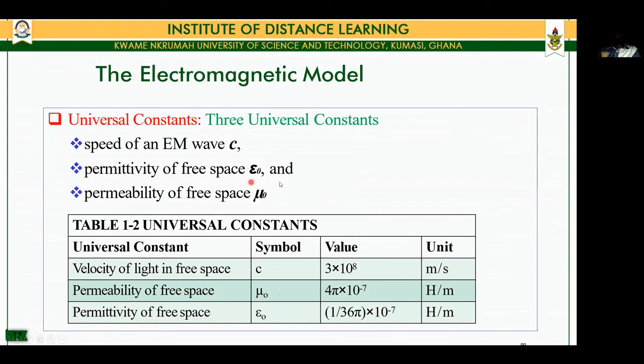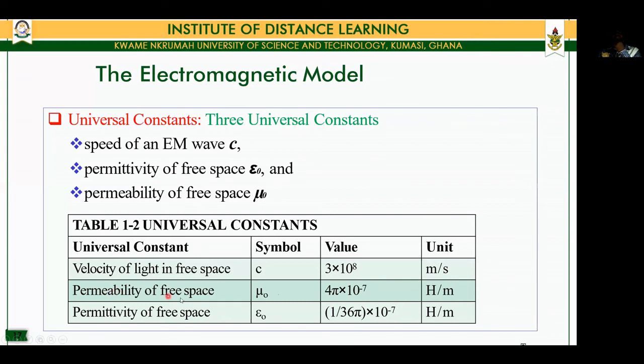And then permittivity of free space is another universal quantity, epsilon naught. And the permeability of free space, mu naught. Epsilon naught relates the electric flux density to the electric field intensity. Mu naught relates the magnetic flux density to the magnetic field intensity. And these are their values. The velocity of light in free space, or the velocity of electromagnetic wave in free space, is 3 times 10 to the power 8 meters per second.